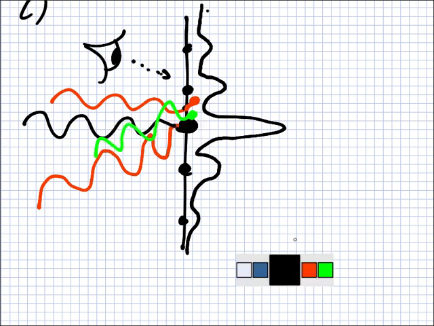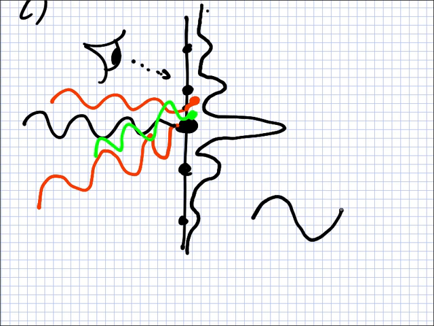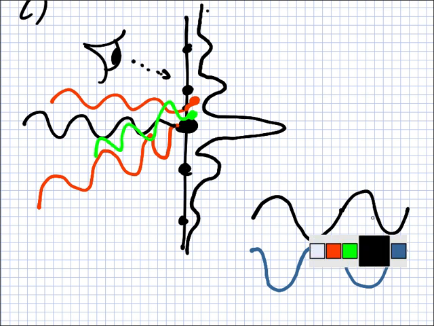Now, the reason for that is, if I have one wave, look, there's one wavelength, there's two wavelengths. Here's another wave. Can you see that this crest meets with this trough, so they cancel.